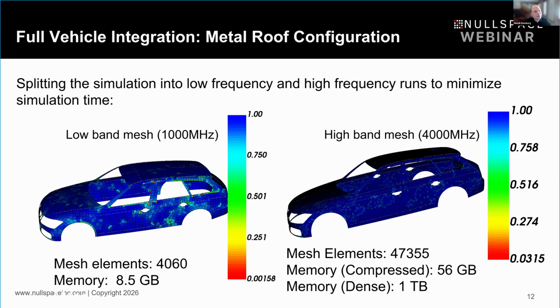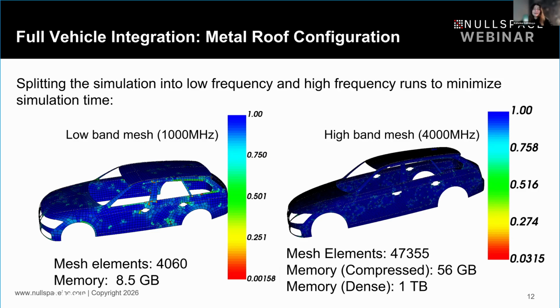But when we kick in our compression solver, which should not be confused with less accuracy, it's still a full wave solver. It's fully accurate. It's just doing it in a compression mode. And that only takes 56 gigabytes, which can be run on most typical antenna engineers' machines, maybe even a laptop. I have a laptop here that this was run on, and you can do it on any workstation that a typical engineer would use.